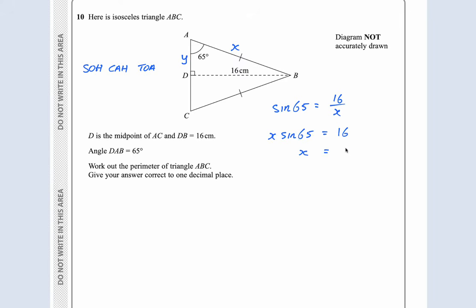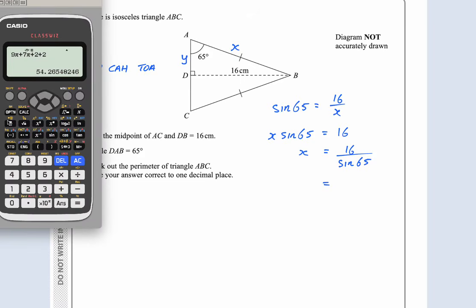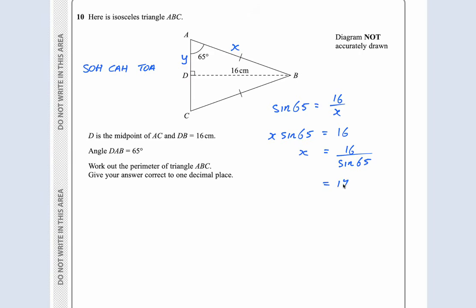X is equal to 16 over sine 65. Use your calculator. 16 over sine 65 is 17.654. Okay, now I have x.